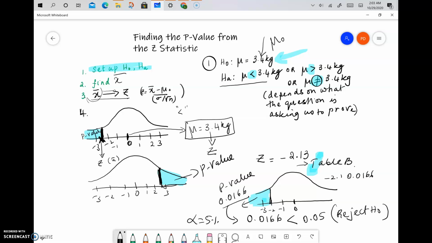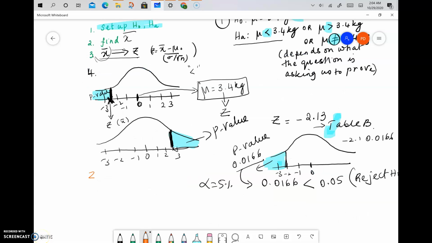And more specifically, if mu is less than 3.4 kilograms for HA, then definitely we have evidence to support our claim that the average weight of babies is less than 3.4 kilograms.